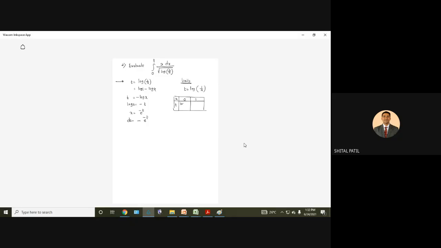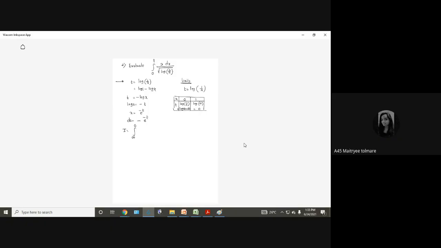So log of 1 upon 0 is equal to log of infinity. And what is log of infinity? Infinity. Then x equal to 1, log of 1 upon 1 is log 1. And what is log 1? 0. So no problem. We are getting all the required limits as well as the required form of the gamma function. So 0 to 1 becomes infinity to 0.